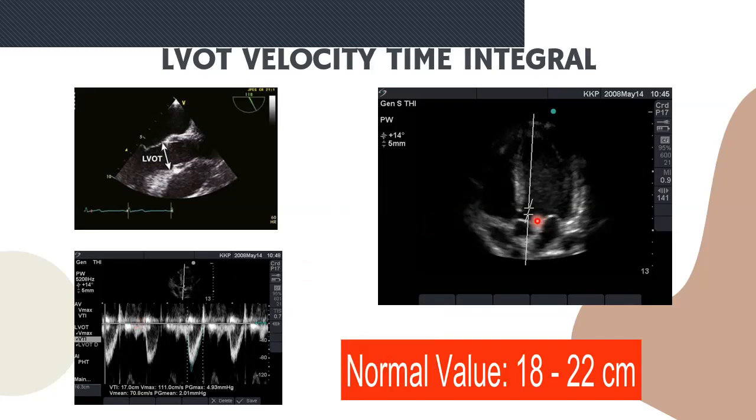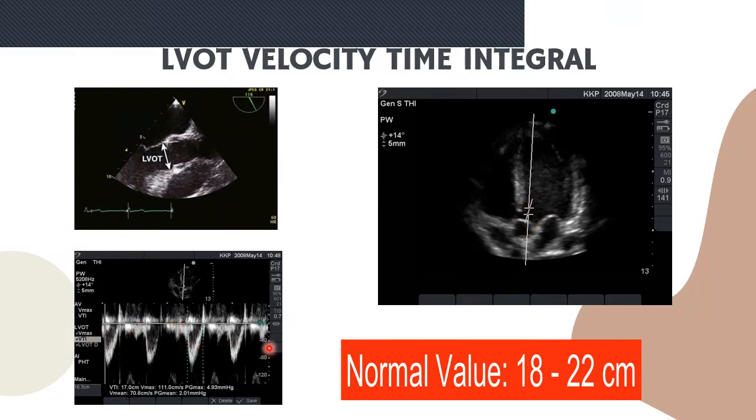As I said, with pulse wave Doppler, you put your cursor at your aortic outlet here, your aortic valve, or 1 to 2 millimeter above it, and you will get this tracing. You can look at YouTube to get a better view and how to do it better.